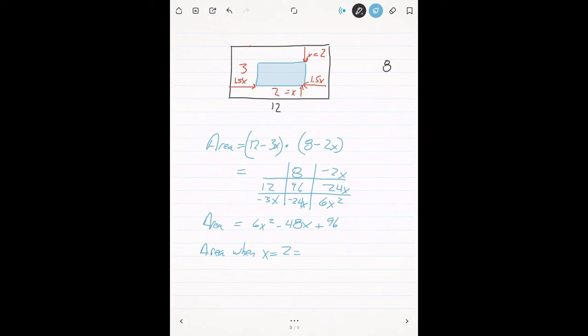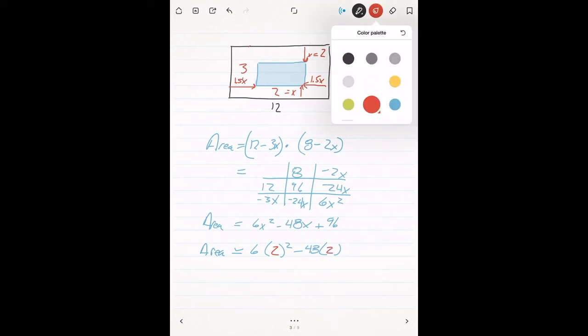That would be 6, and let me write this a little neater. When x is equal to 2, that's going to be 6 times 2 squared minus 48 times 2. And then let's add on to that 96. So 6 times 2 squared is 24.